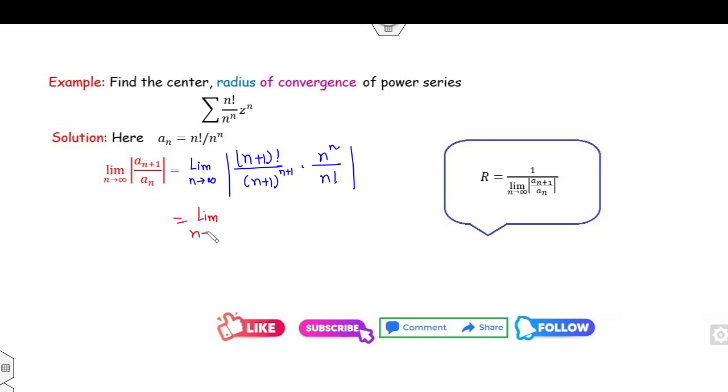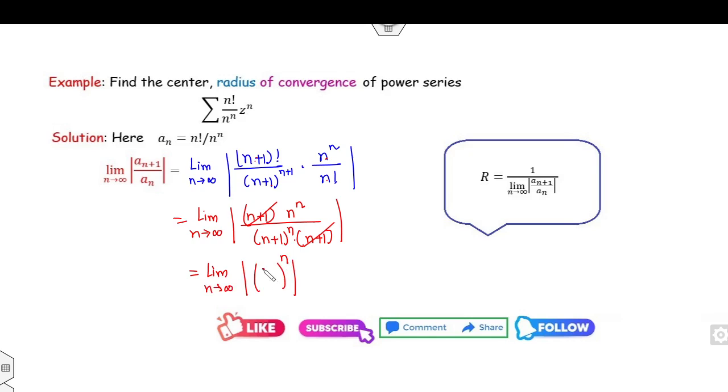So it will be the limit as n approaches infinity. I can use the factorial: it is n plus 1 times n factorial. I can take n raised to power n, and separate (n plus 1) raised to power (n plus 1) as (n plus 1) and (n plus 1) raised to power n. So one (n plus 1) will be cancelled out, and I can take the power n as common. The inside term will be n over n plus 1.